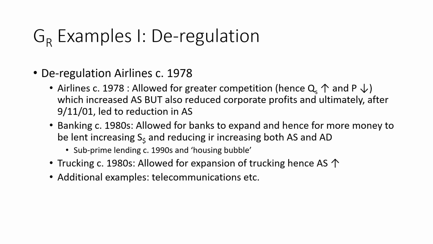They started lending people money that really didn't show enough assets to be able to repay the loan. And so this created the housing bubble. The ultimate upshot of the banking deregulation was the Great Recession, which hit in 2008, which I've mentioned before.